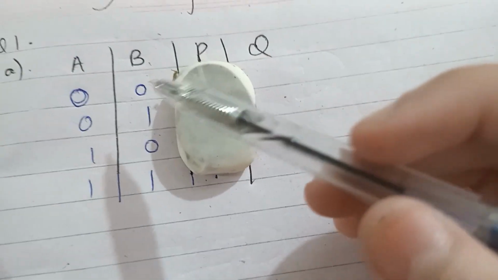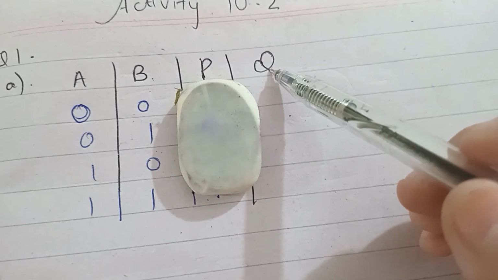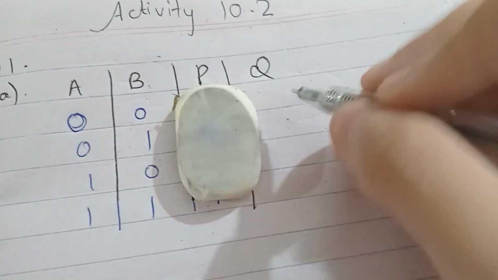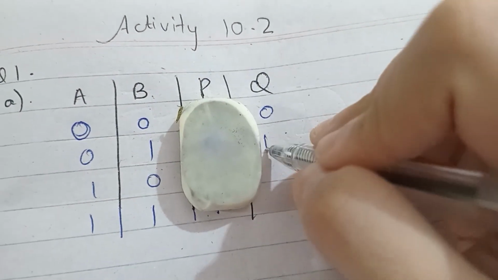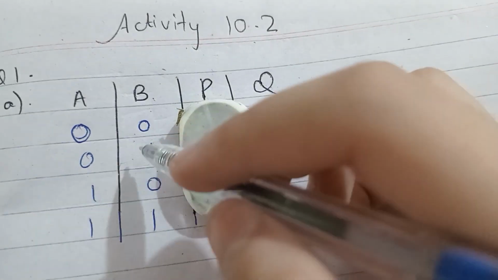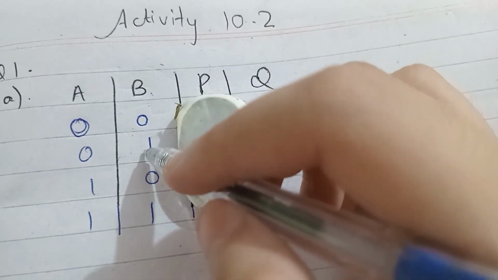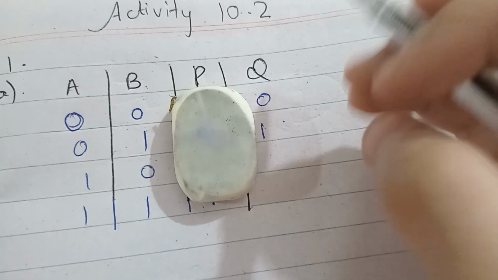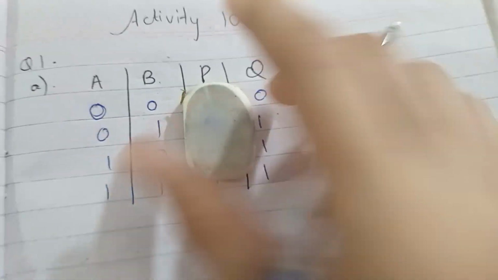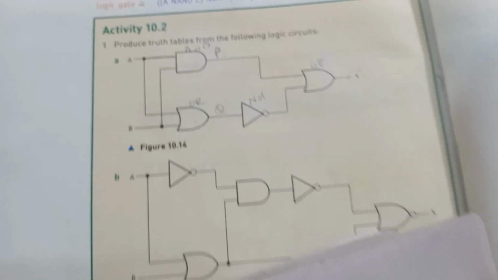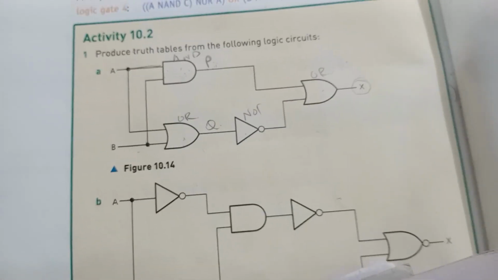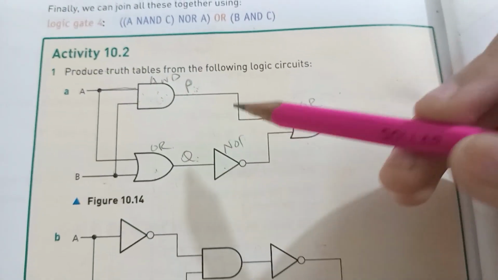A and B are the inputs to the OR gate, and the output is Q. If at least one condition is true, the output of the OR gate is 1. And if both of them are true, it's also 1.